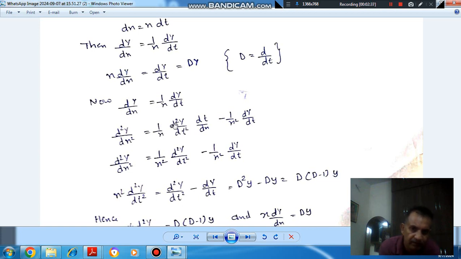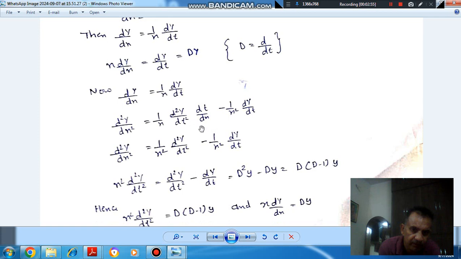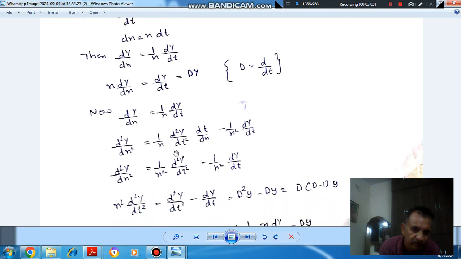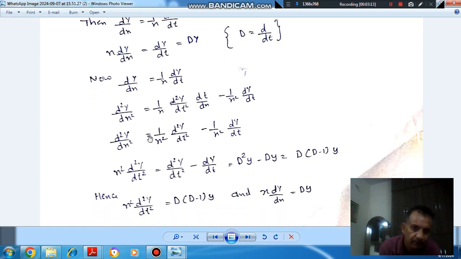It will be 1 by x d square y by dt square, times dt by dx by chain rule, and the other term remains the same with its differentiation being minus 1 by x square. Now dt by dx is 1 by x. So this will be d square y by dx square equal to 1 by x square d square y by dt square minus 1 by x square dy by dt.